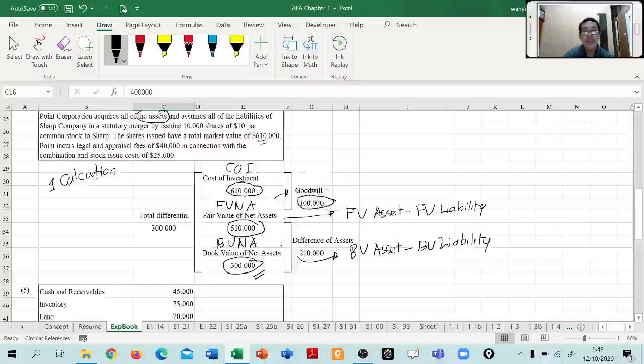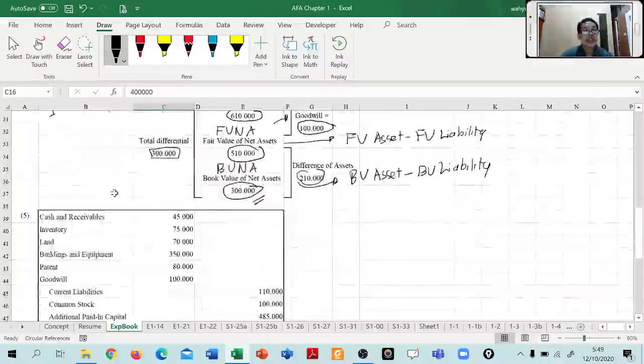Then the difference between the fair value of net asset and book value of net asset gives 210,000. The total difference is cost of investment minus book value of net asset, so we get 300,000.